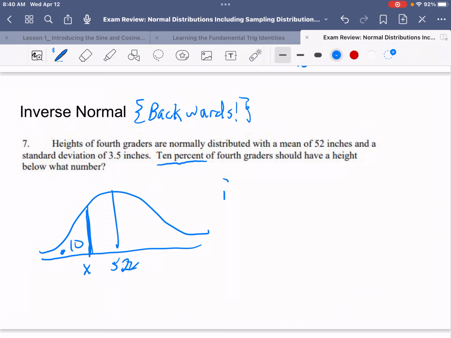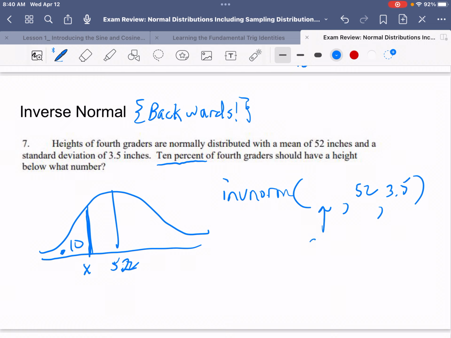So remember, we have the inverse norm command on our calculator. That's for these problems. And the inverse norm command wants three numbers. The second number is the mean, and the third number is the standard deviation.